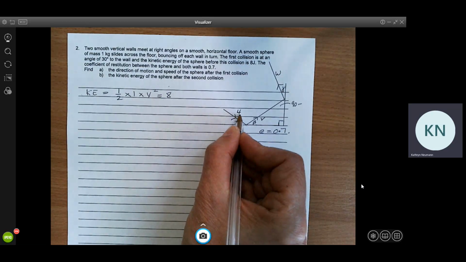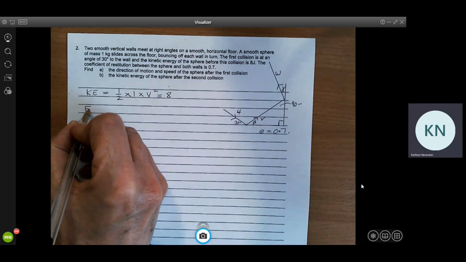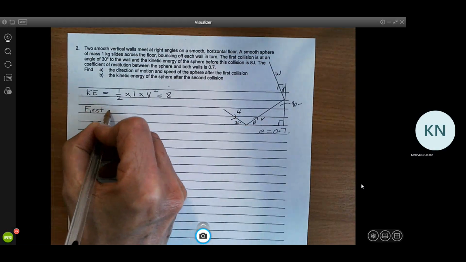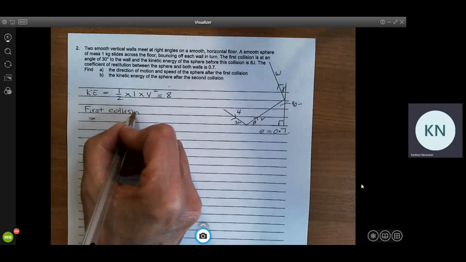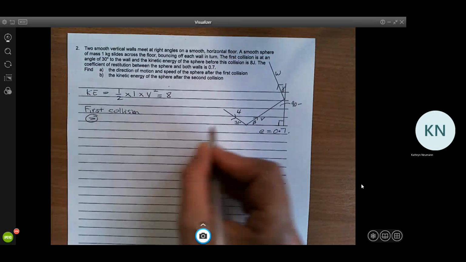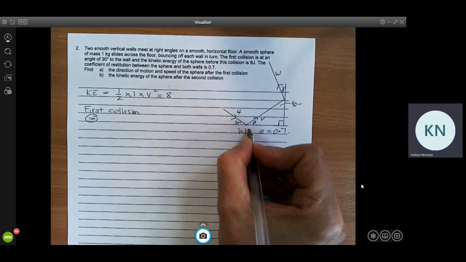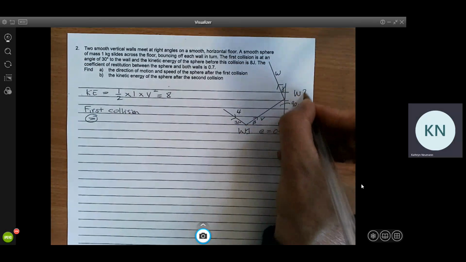Now we've got to look at the first collision. So the first collision, we're going to go parallel to the first wall. So this is wall 1 and this is wall 2.